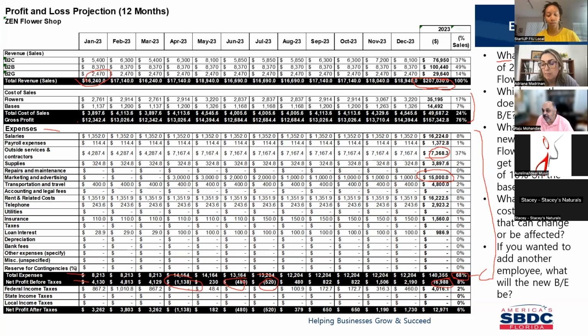So if you had to calculate what is the break even for 2023, you have the numbers here. Anybody wants to take a shot at it? Please repeat the question, Raj, for everybody. Yeah, it's right here. What is the break even for 2023?